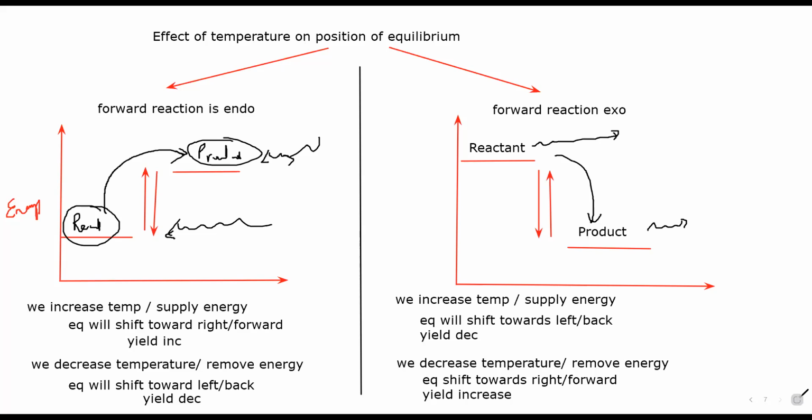And the last factor which affects the equilibrium is the pressure. This is valid only for gaseous reactants and products. If any reactant or product is a gas, then this will affect the equilibrium.